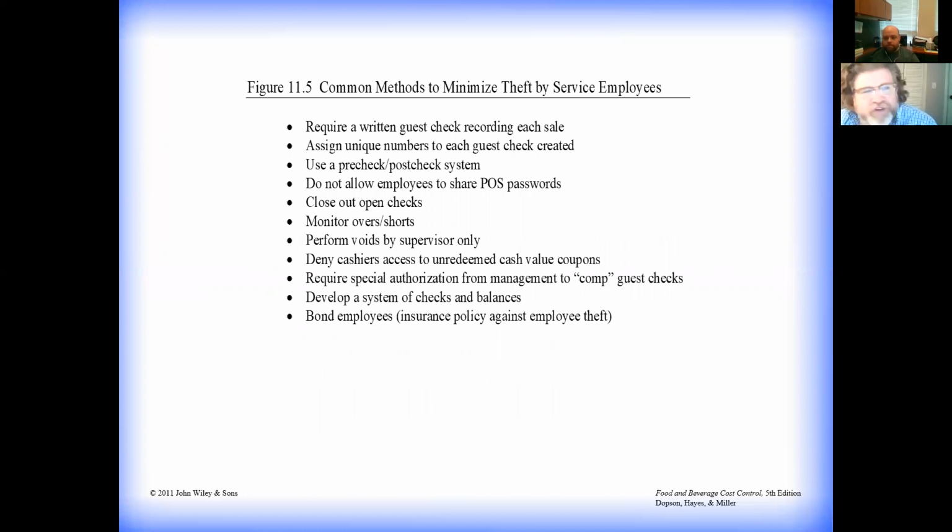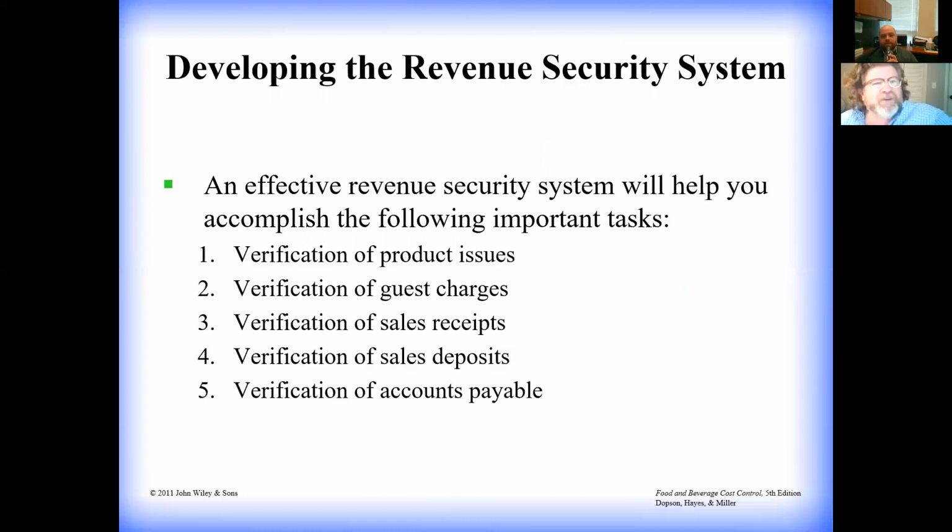Again, voids should only be done by supervisors. Don't allow cashiers access to cash value coupons. Develop your system of how you're going to check this to make sure that it works, and then bond your employees. Perfect. All right. So what's next?